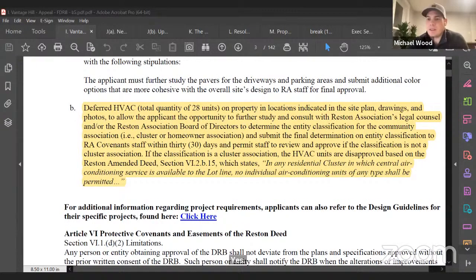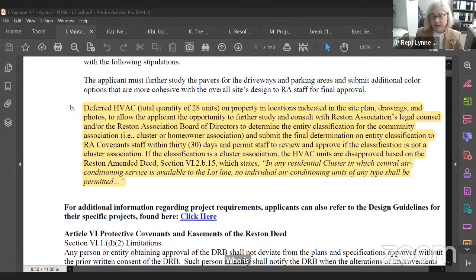Hi, good evening. Lynn Strobel representing the applicant. I would also note that Robbie Malm is on from Craftmark, who may also want to comment on this. We did have several discussions with Mr. Champ as the Reston Association Council, and on December 9th, just last week, a letter was issued.